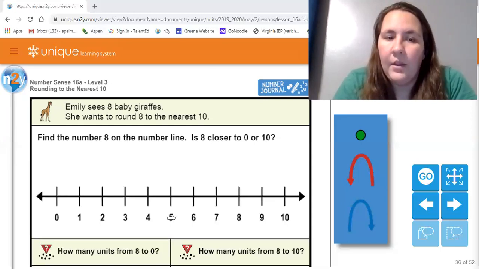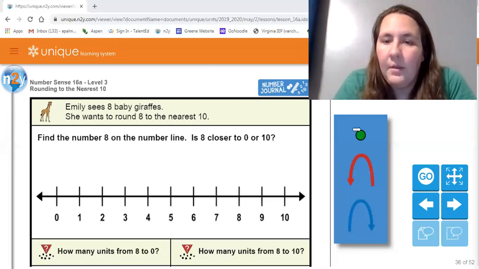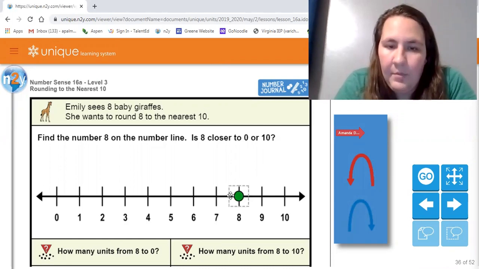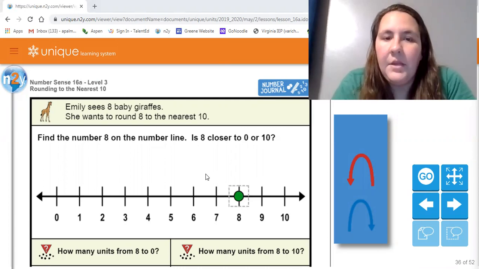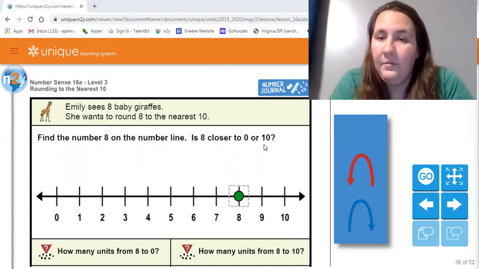So with your finger, can you touch the number 8 on the number line and help me put it where it belongs. Beautiful job. So I have my number on my 8, and now I need to figure out if 8 is closer to 0 or closer to 10, okay?